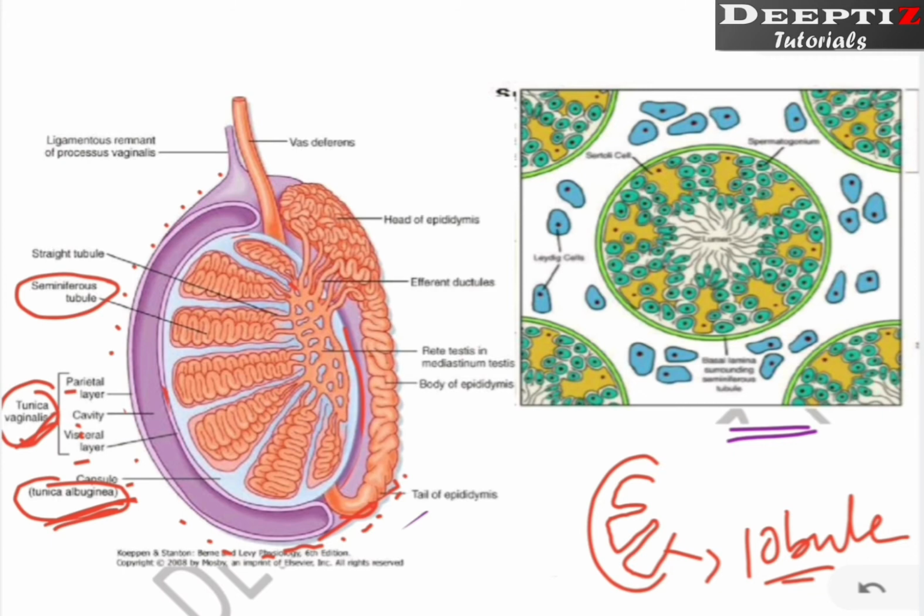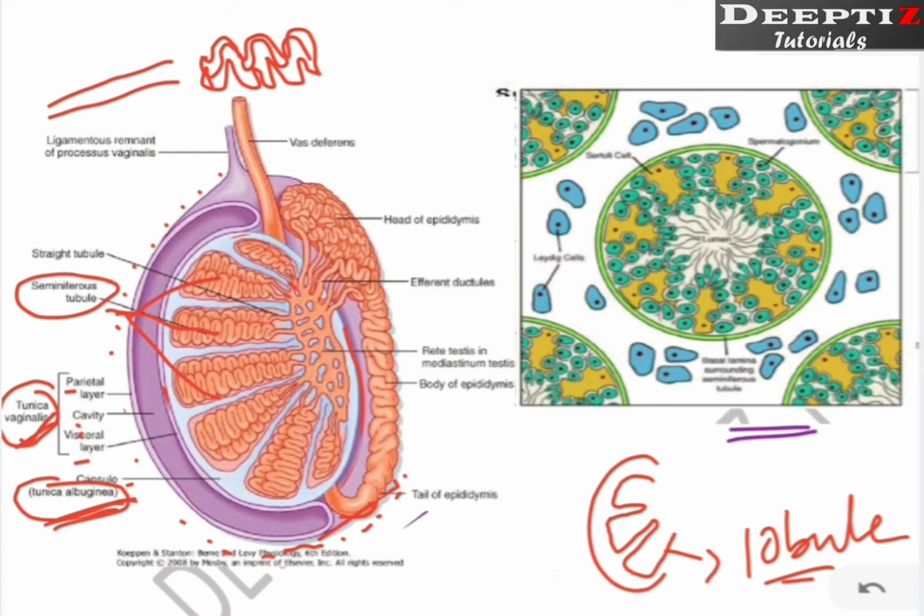So each compartment inside the testis consists of a mass of tube-like structure. Actually it is like a tube, but to accommodate more, there will be these types of folds, arranged in a cluster. So this is a seminiferous tubule, these are also seminiferous tubules. Each compartment is made up of seminiferous tubules.